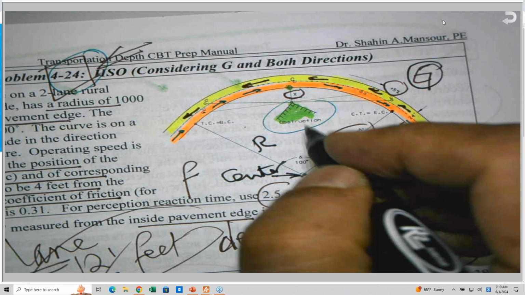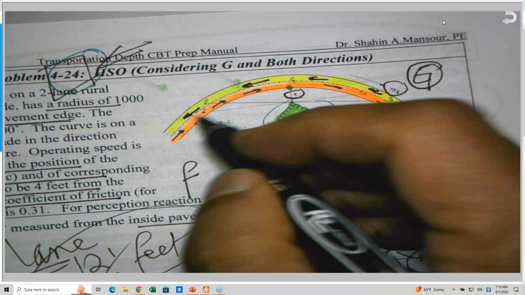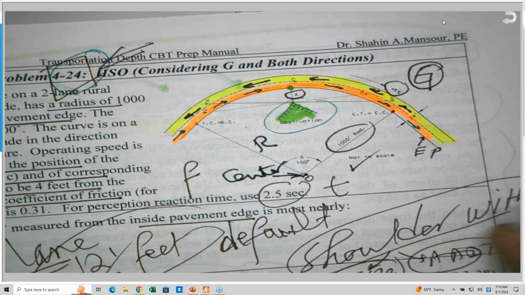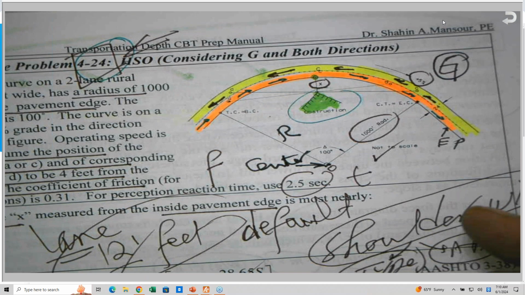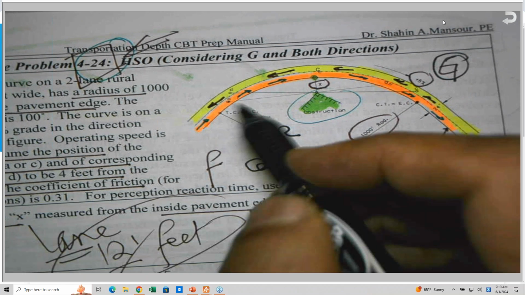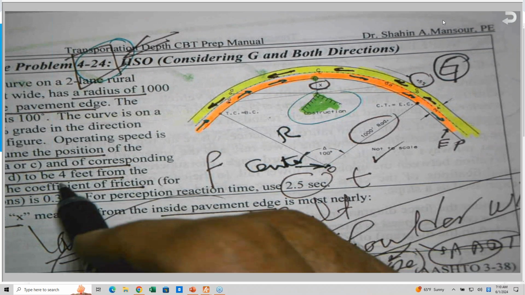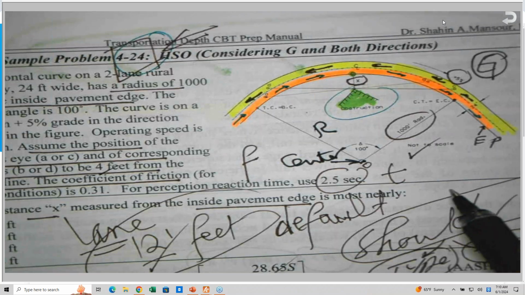The other thing that I needed to be aware of in this problem is that the object, which is a car in this case, is not at the center line of the inside lane. So I give you the distances A, B, and C. It's 4 feet, not 6 feet, so it is not in the center of the lane.